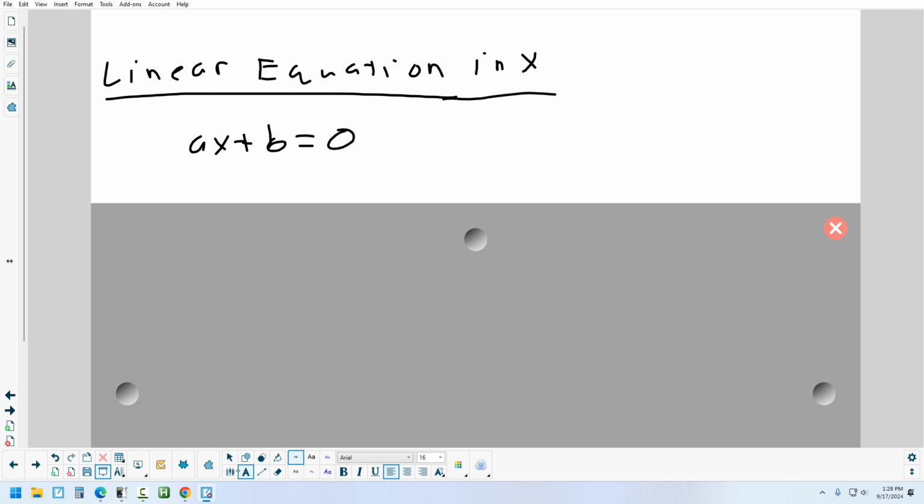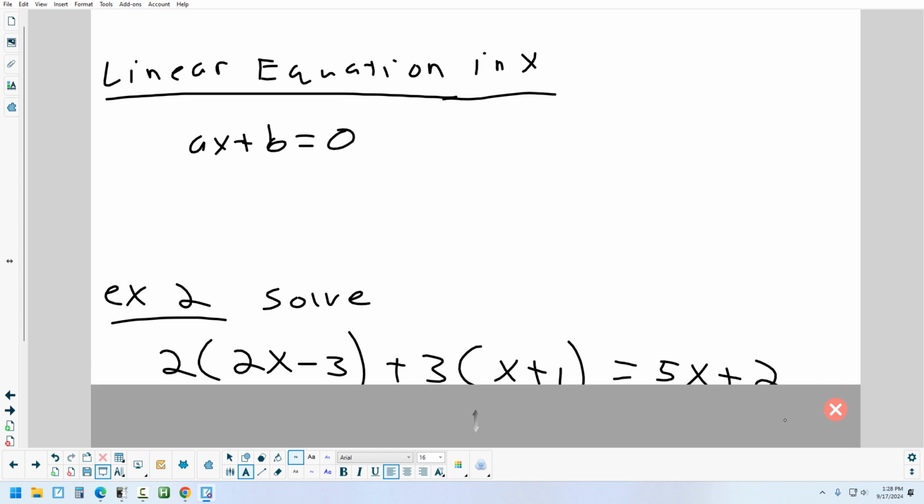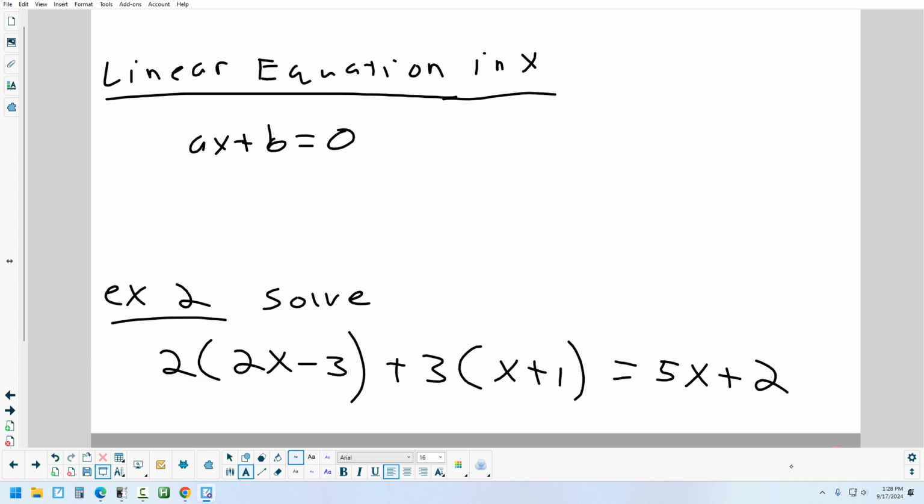There's no exponent written there, but what is the exponent if they don't normally write it? It's always 1, you can pretend there's a 1 there if you want. But that's a linear equation. This one doesn't look exactly like that one, but it could. If you do everything out, it would eventually look just like that.